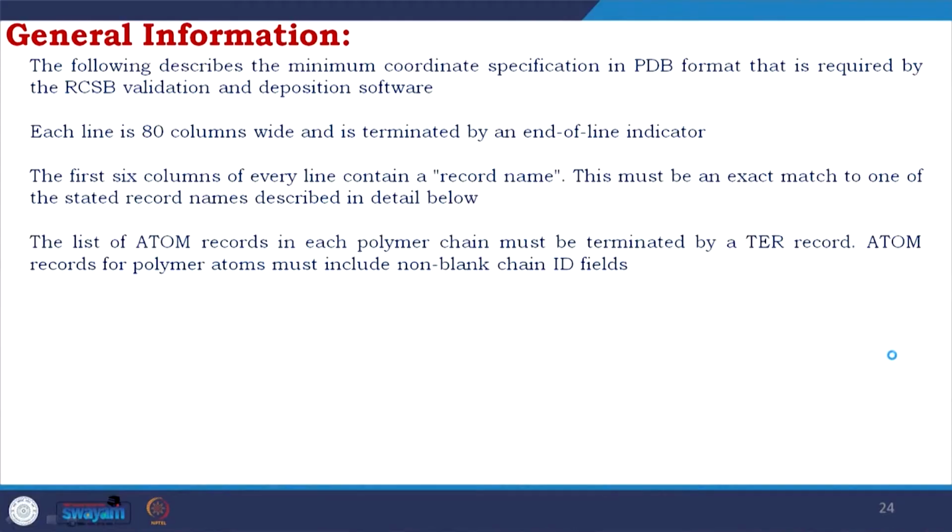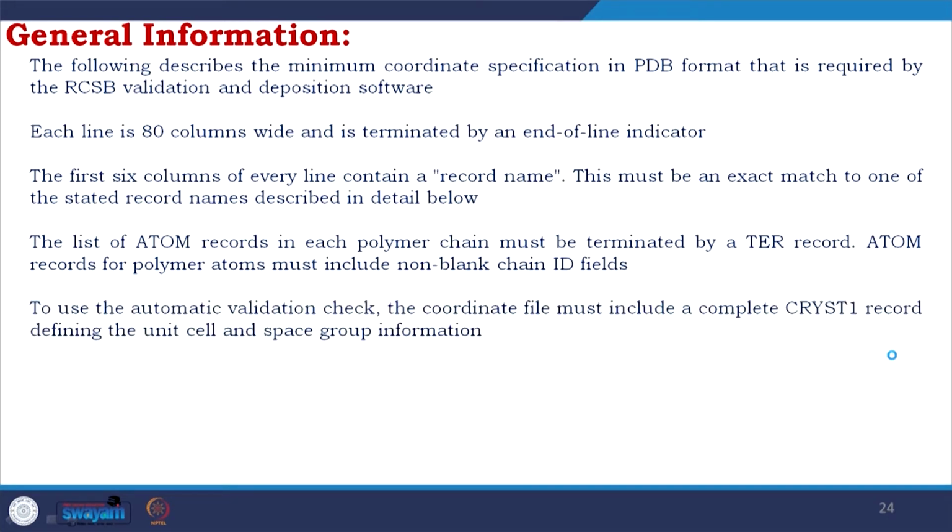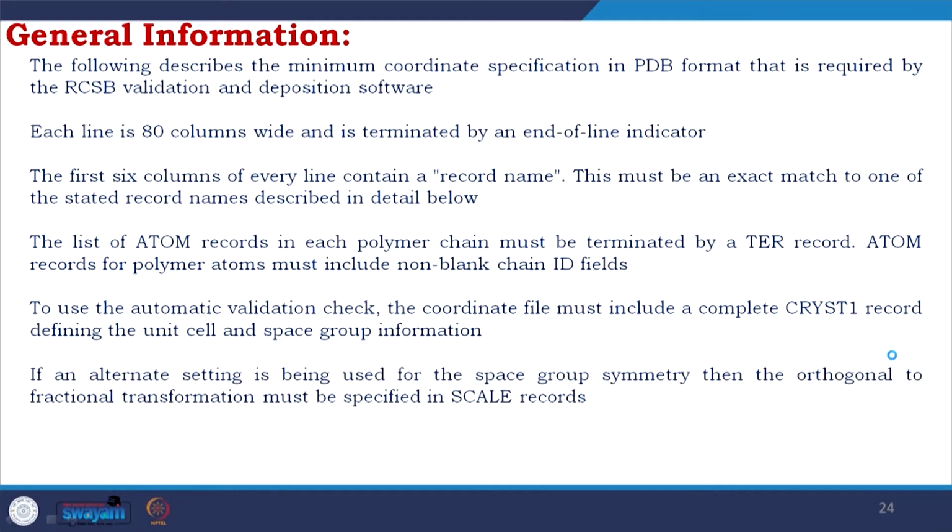The list of atom records in each polymer chain must be terminated by a TER record. Atom records for polymer atoms must include non-blank chain ID fields. To use the automatic validation check, the coordinate file must include a complete CRYST1 record defining the unit cell and the space group information. If an alternate setting is being used for the space group symmetry, then the orthogonal to fractional transformation must be specified in SCALE records.